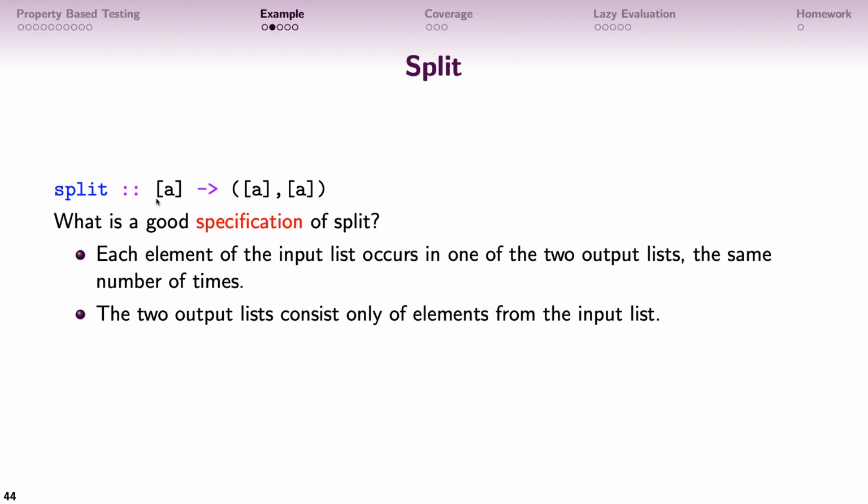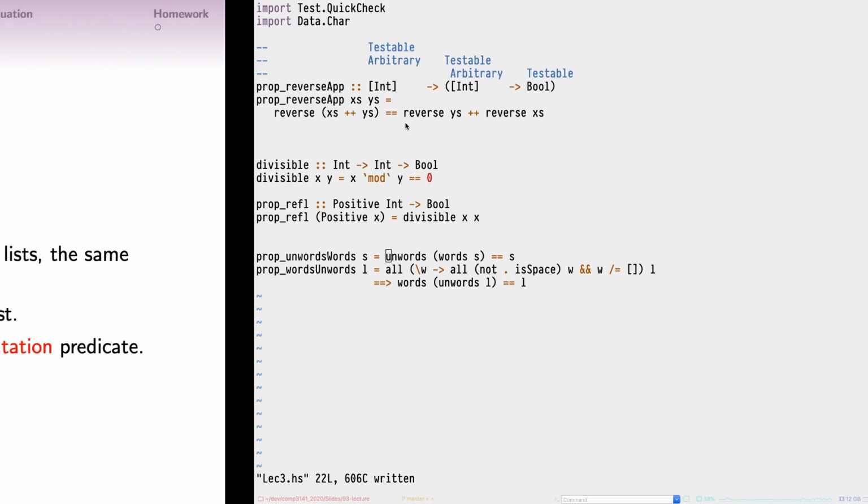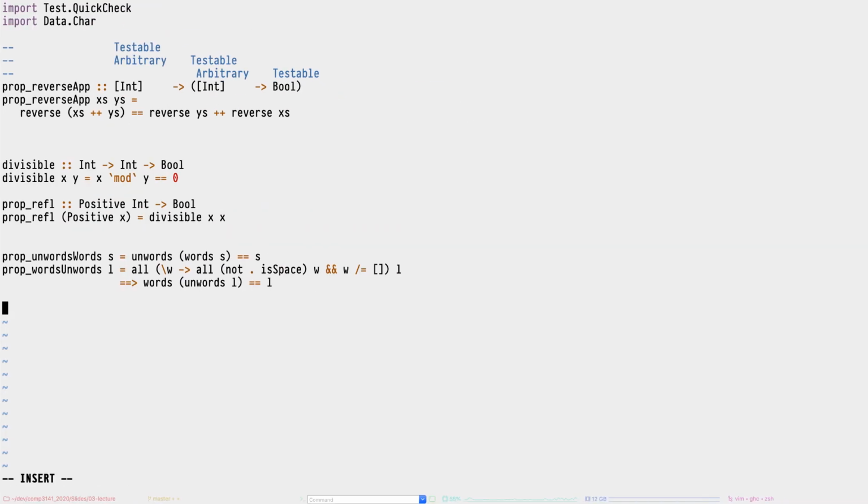So this is essentially saying that these 2 output lists, if I put them together, should be some permutation of my input. So let's define a permutation predicate in Haskell. So what does it mean? Permutation: given 2 lists, how could we check if they are a permutation?